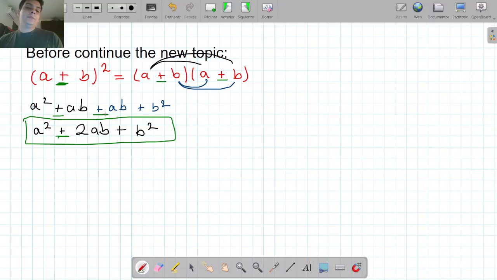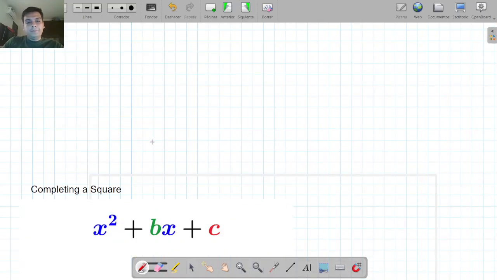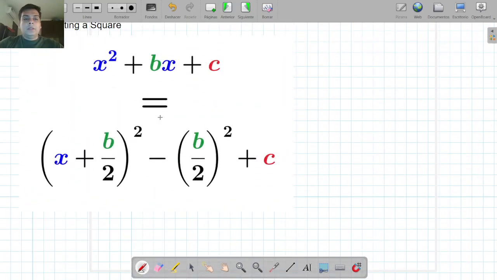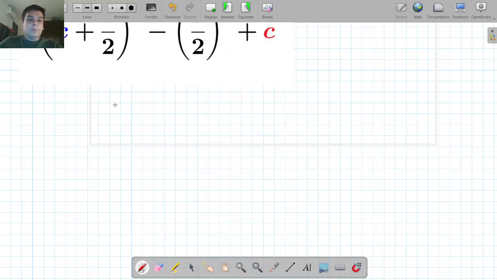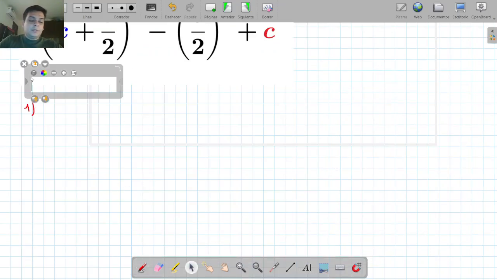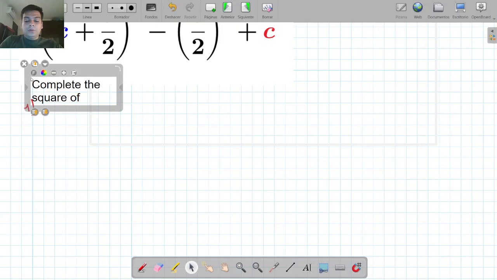Now, when we have to complete a square, it means that we need to look for this type of thing. Usually the quadratic expressions don't look like this. Let me put an example where we have to complete a square. The order is: complete the square of the following quadratic expressions.